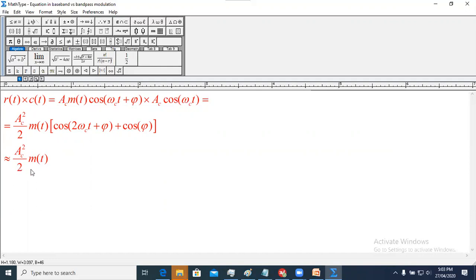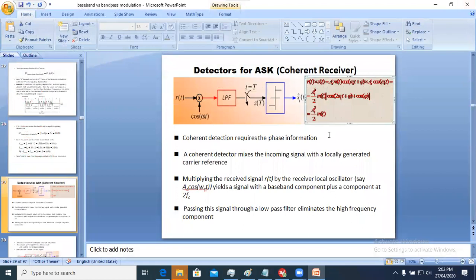This is the message component which we retrieve from the coherent detection of the signal. So if we use this generation of the carrier, this is, in fact, the coherent receiver, because we know the phase information for the retrieval of the message.